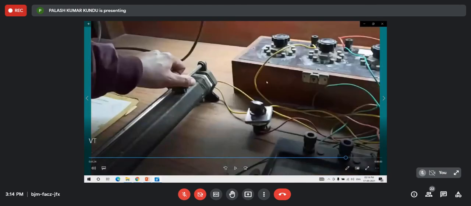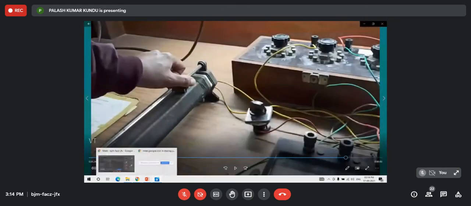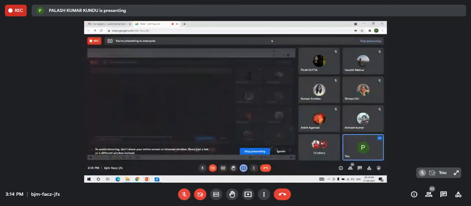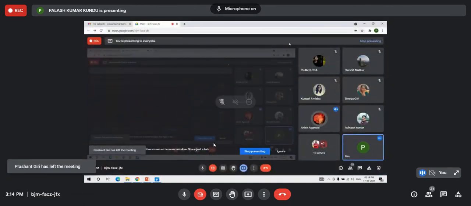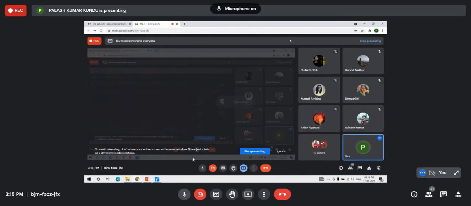How the adjustment can be done, you follow the sequences. If you do not hear the voice clearly, then individually you can follow. I have provided the link to your group mail ID.